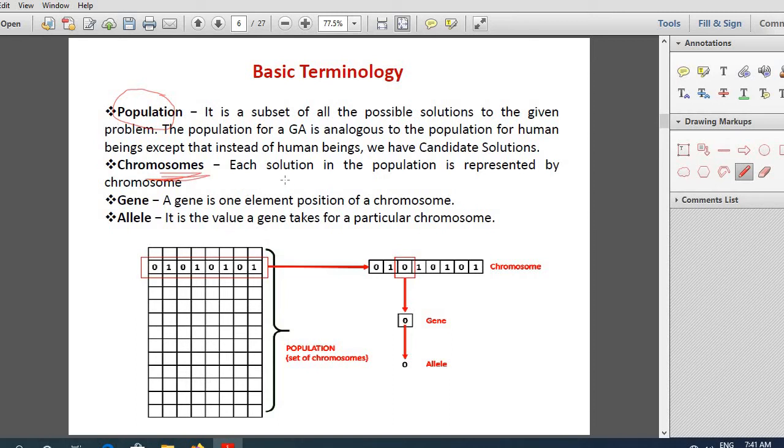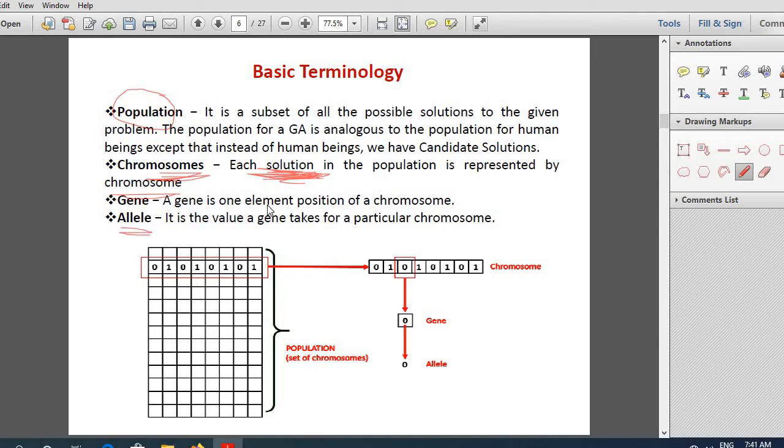These are all related to biology. I told you each possible combination of input, or each possible solution to find the best product, is represented by a chromosome. So, you will be selecting a population of solutions and each solution's trait or characteristic is represented by a chromosome. So gene is just one element in the chromosome and allele is the value that the gene takes.